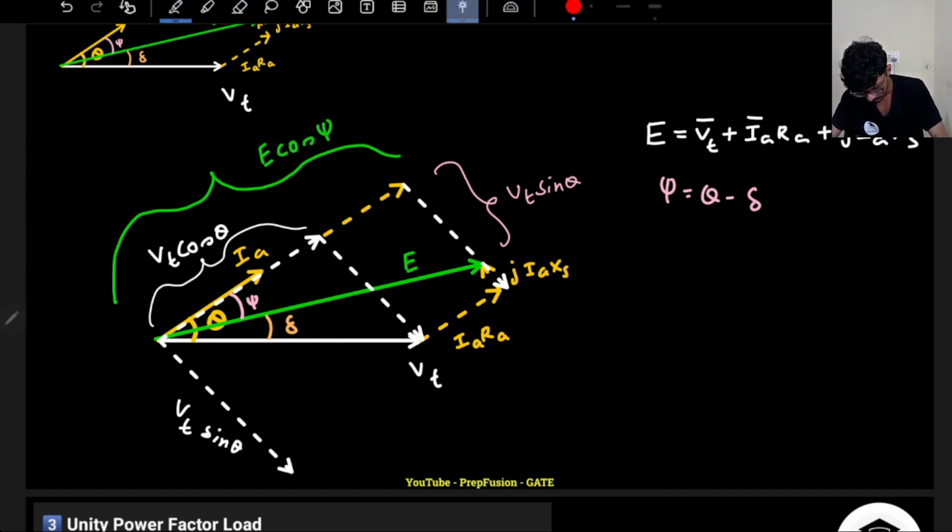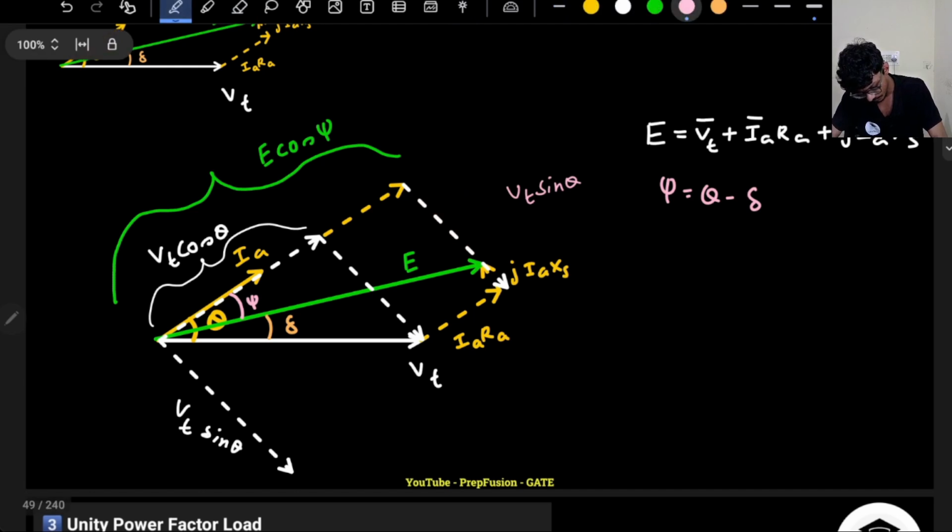And this length, now remember this is not correct totally. So my Vt sin theta is this much, correct? Vt sin theta is this much, right? Okay, let me do this.